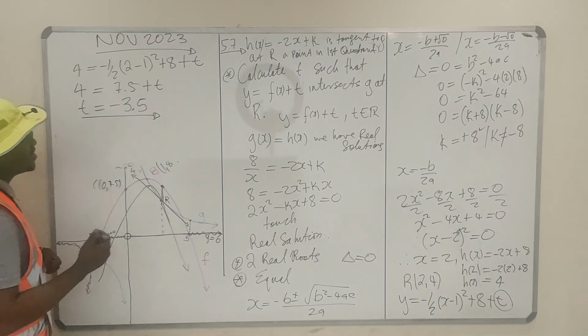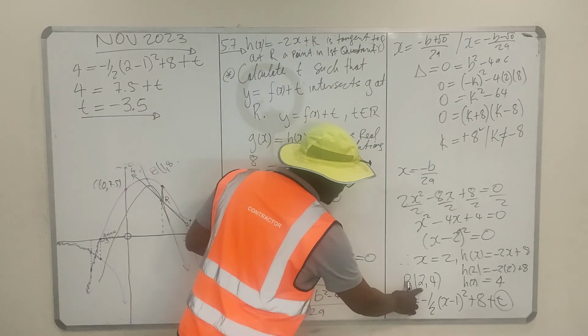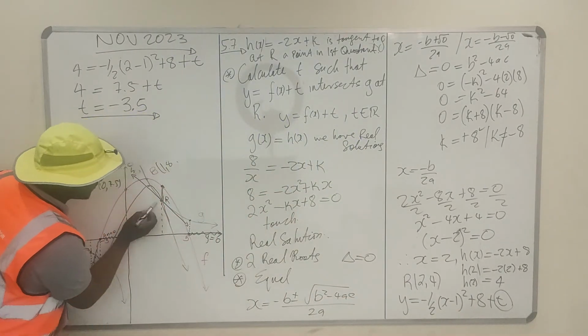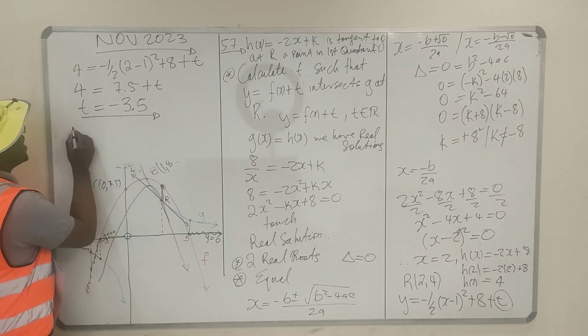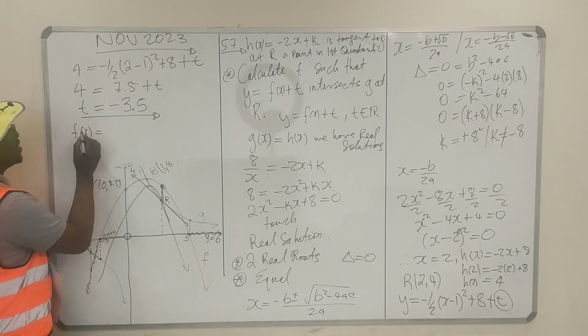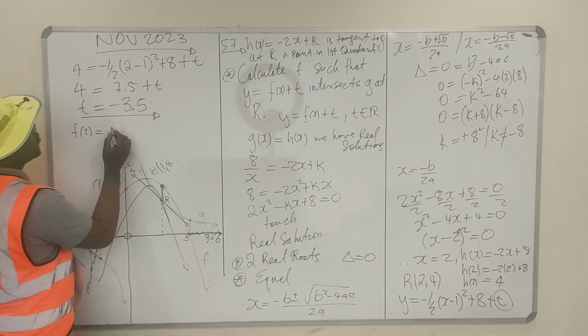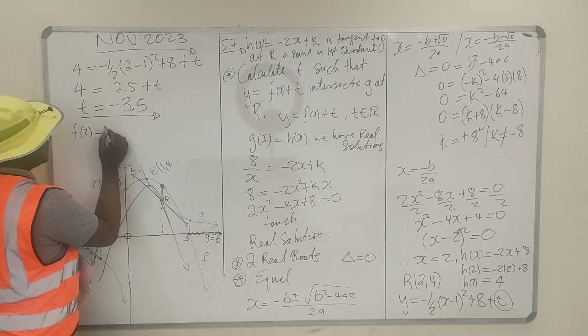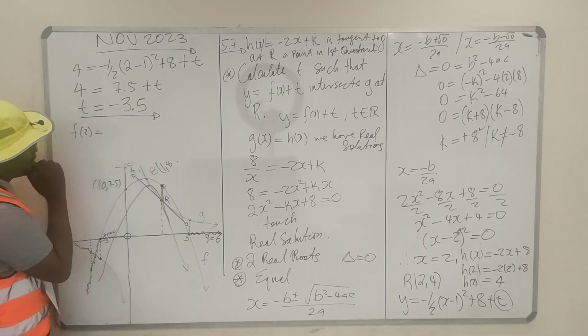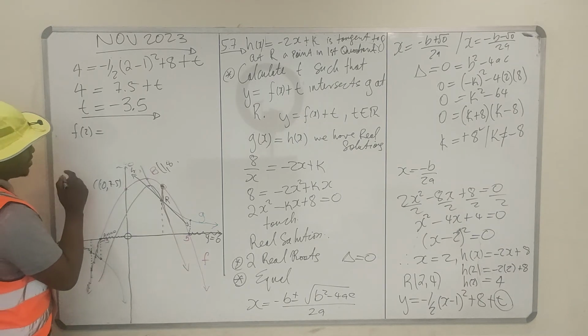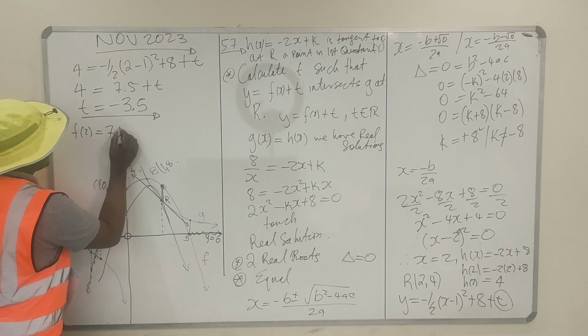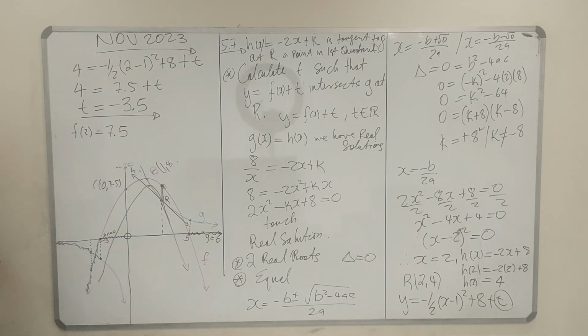Or, since you have the coordinates of r to be that, and you have the coordinates of this point here, you can find what the coordinates of this point will be, which means find your f at 2, right? Your f at 2, what is it? It's 7.5, right? Your f at 2 is 7.5.